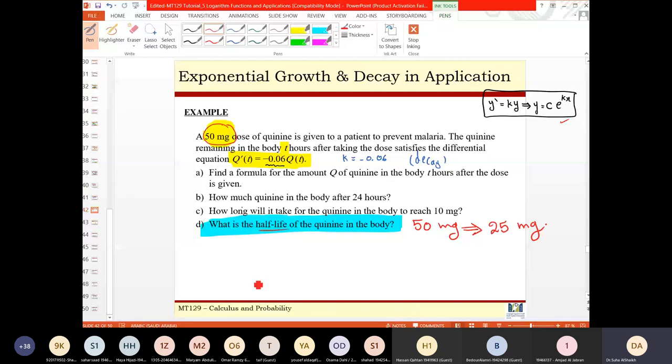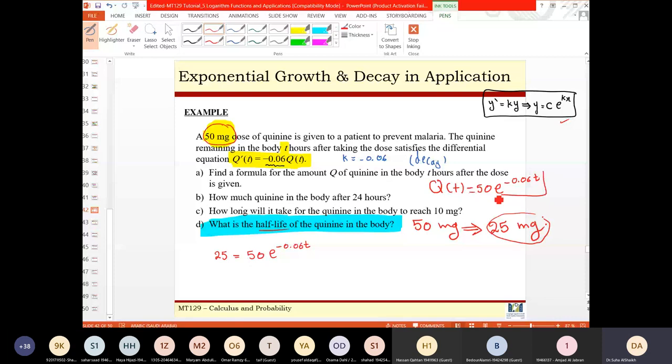Okay, how to do this? Let me rewrite the formula. The formula is Q(t) equals 50 exponential minus 0.06 t. So I want it to be 25 as a half-life thing. So I want 25 to equal the formula 50 exponential minus 0.06 t. The whole equation is fixed, I cannot change the 50.